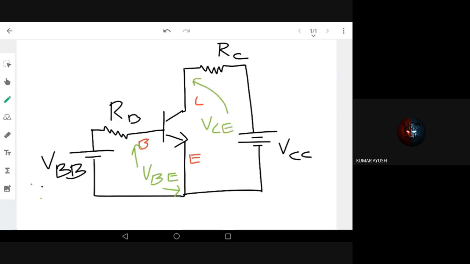This we already know. The voltage at the base I can call VB, the voltage at the base. And this point VC, the voltage at the collector. I already told you how DC representation and AC representation differ.